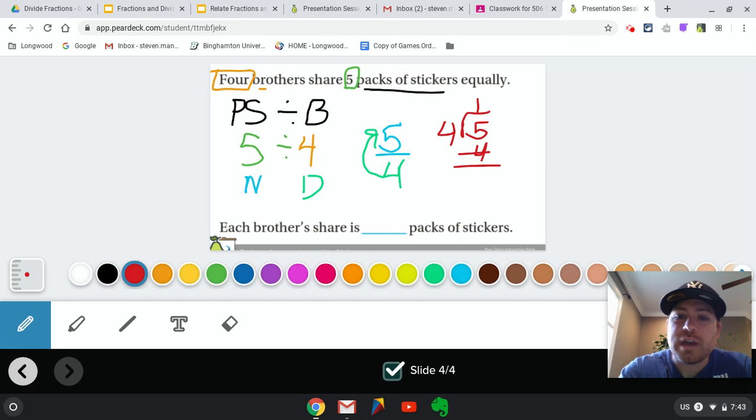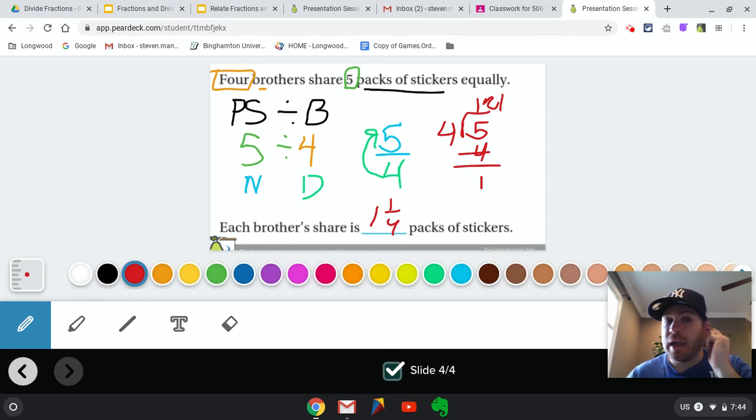Oops, that's a subtraction. 1 and 1/4. So if you think about it, if you drew a picture, right, and you had packs of stickers, each person could get one whole pack, and then they would have to split up the last pack evenly, and they're going to each get 1/4 of that last pack because there are 4 of them.